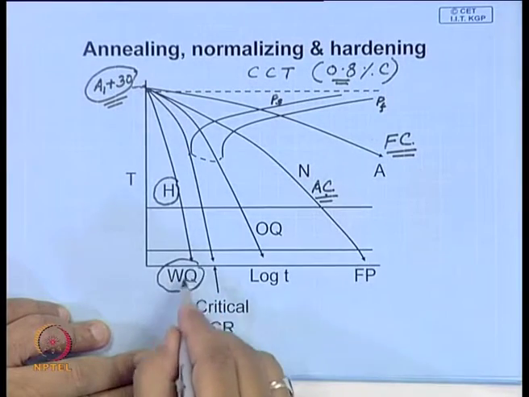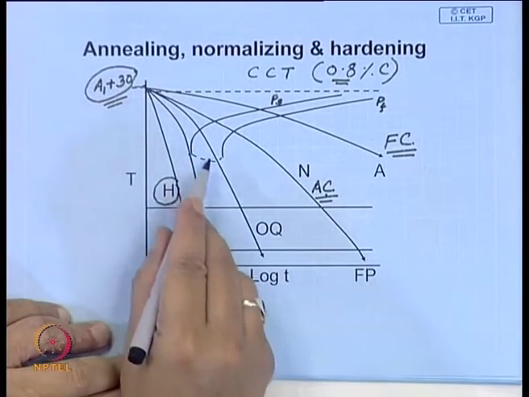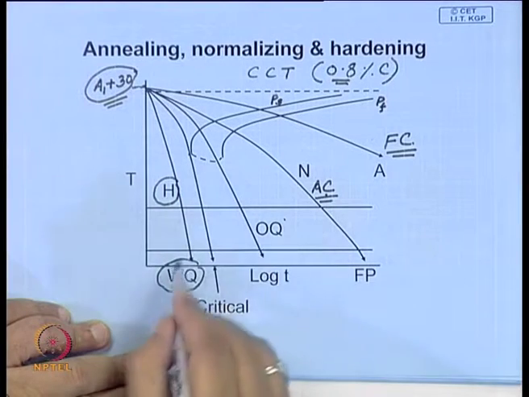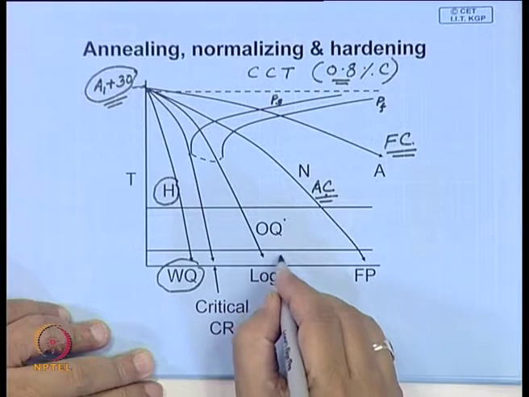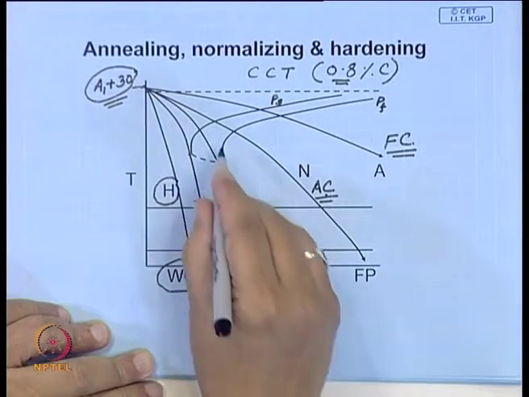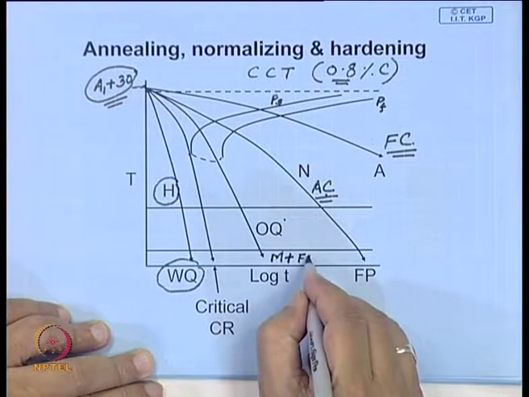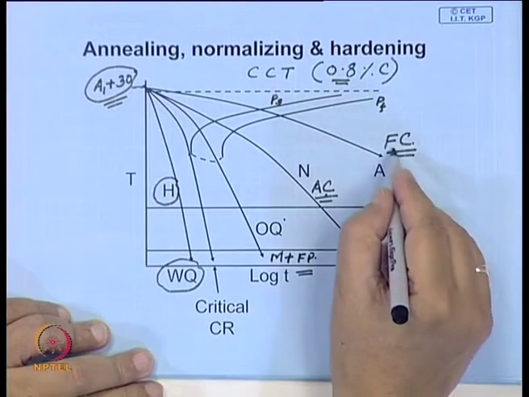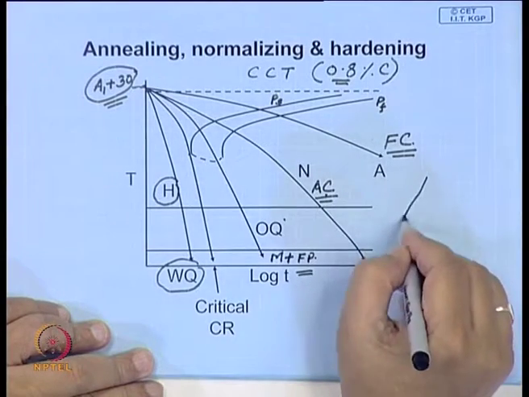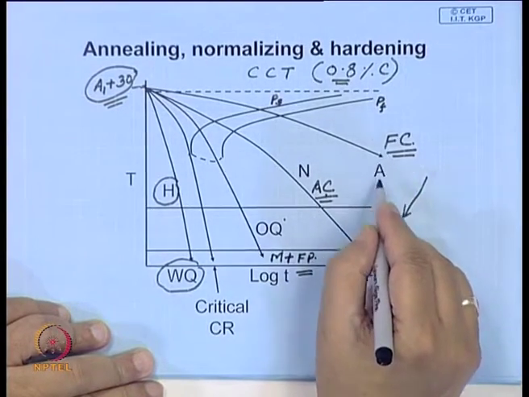Say suppose water quenching, and maybe if you quench in oil, you may not be able to attain that kind of cooling rate, then you get a mixed structure which will be martensite plus fine pearlite. And as you go this way, you will find the structure becomes finer and strength goes on increasing.